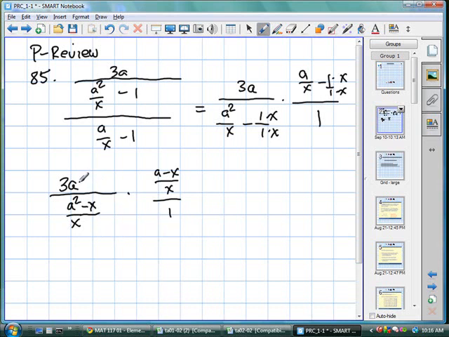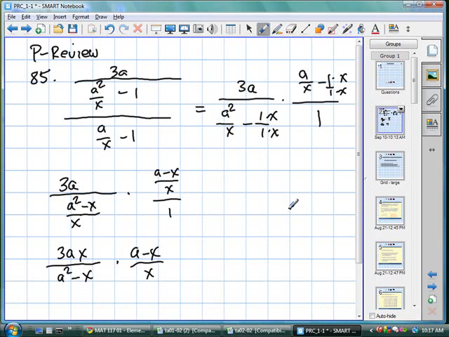Now, don't I still have one thing divided by a fraction, so I'm going to invert and multiply? I'm going to pause here because I did a couple things, and I'm going to make sure you know what I did. This second fraction over 1, do I even need the 1?